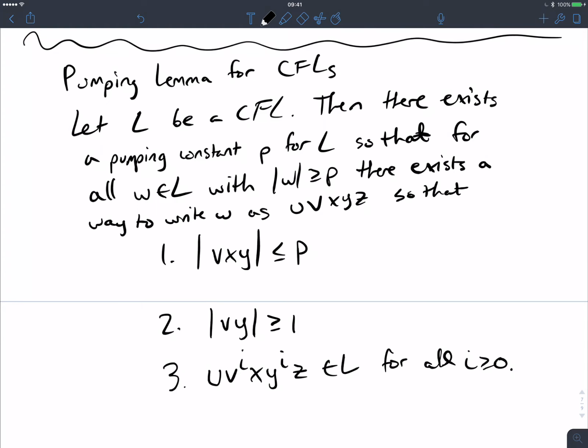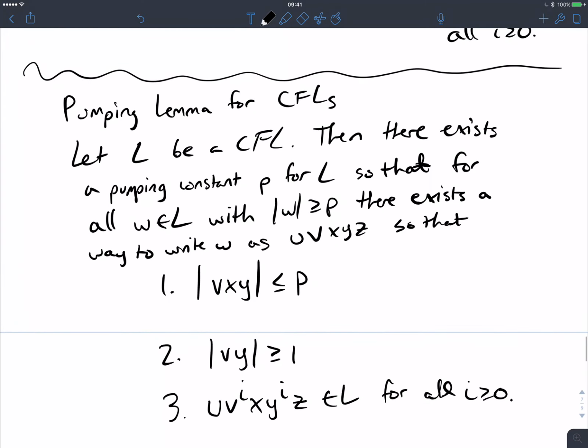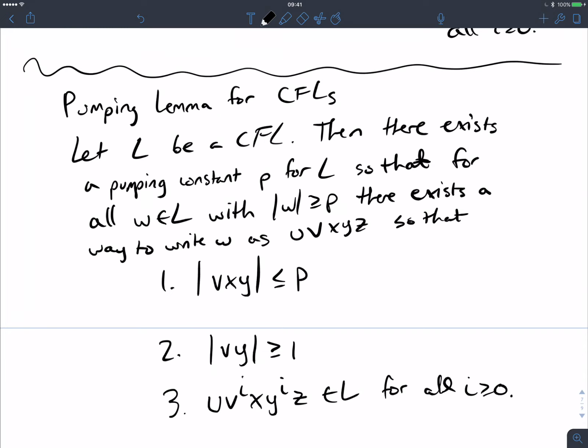Yeah, sure. I'll definitely do an example because we are a little ahead. But the intuitive idea is the part that you're pumping is not too long, but can appear anywhere because of how the derivations work. I can't necessarily guarantee where the longest root to leaf path is. It may be all the way on the left or all the way on the right or somewhere in the middle.